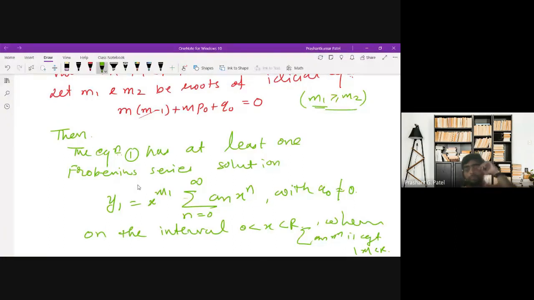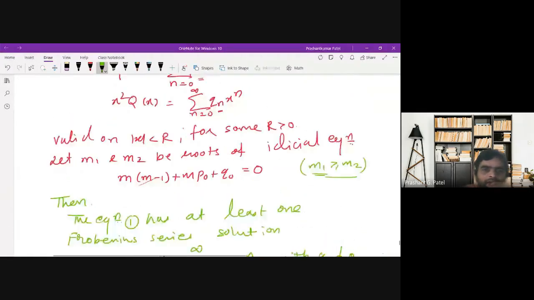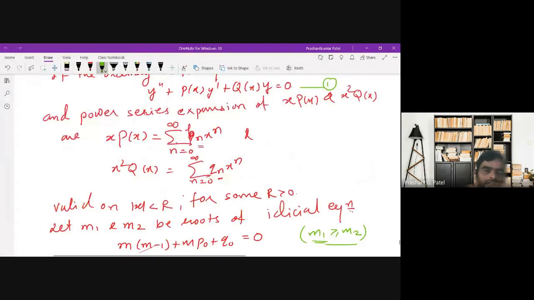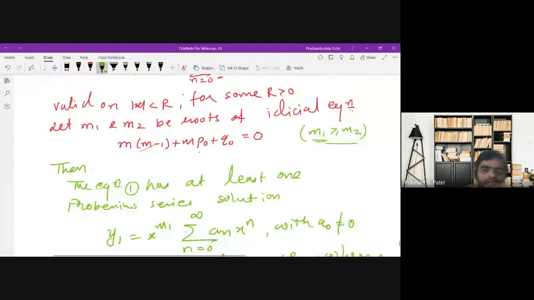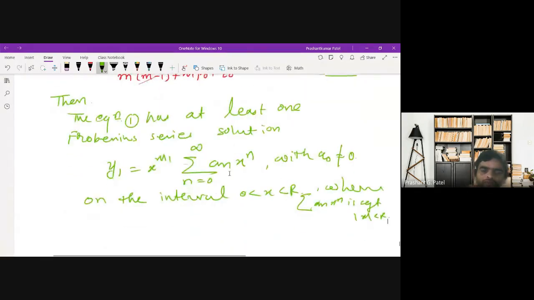So this theorem says that if x0 is a regular singular point, then the solution of this indicial equation which has m1 and m2, this will be the solution.